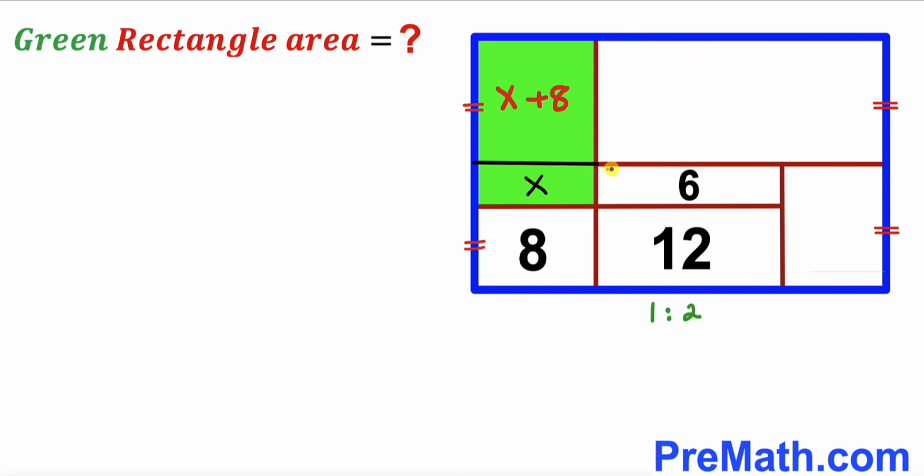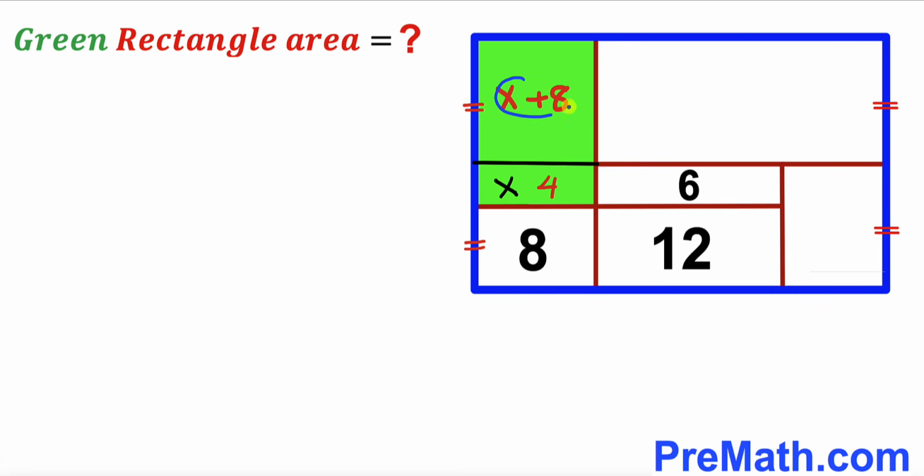Since this rectangle's height is the same as this height, the ratio of these 2 rectangles is going to be 1 to 2 as well. In other words, if the area of this rectangle is 8, then the area of this rectangle is going to be half of that, which is 4. So our x value simply turns out to be 4.